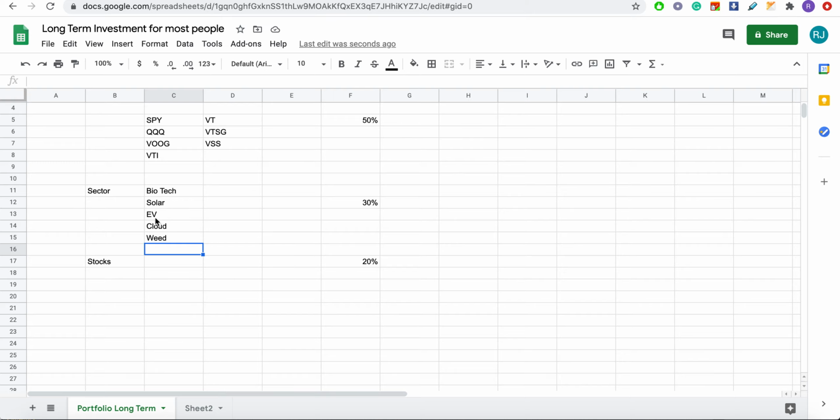Why buy these ETFs rather than a stock? For example, you have Tesla, you have Neo, even GM is getting into that. You have Nikola, probably not a big one, but you have Li Auto, XPEV, and a lot of these companies.